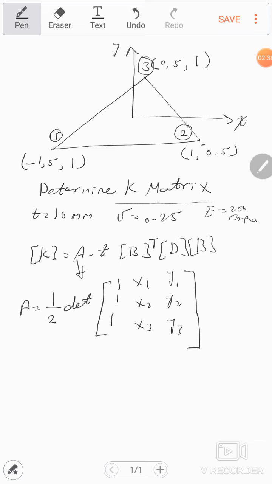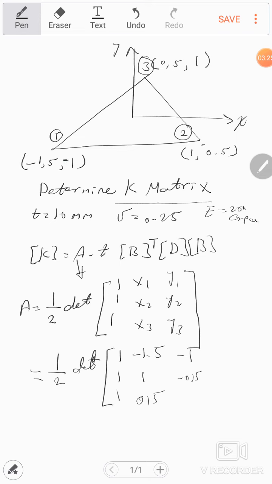Okay, so just substitute your values and find the determinant of this matrix. x1 is minus 1.5, x2 is 1, x3 is half, y1 is minus 1, y2 equals half. Sorry, this is minus here.